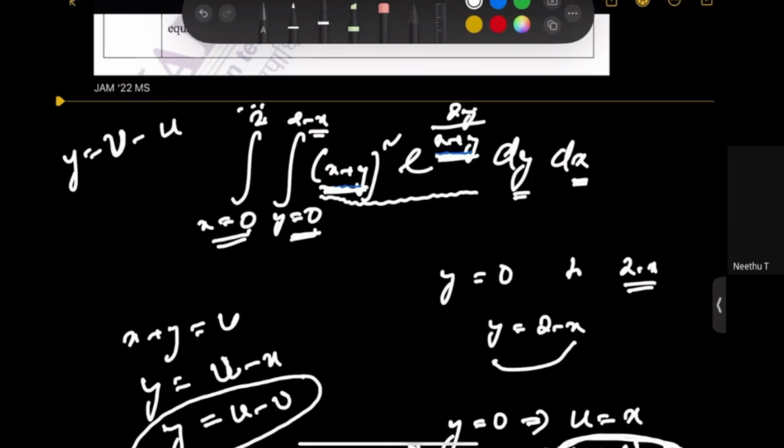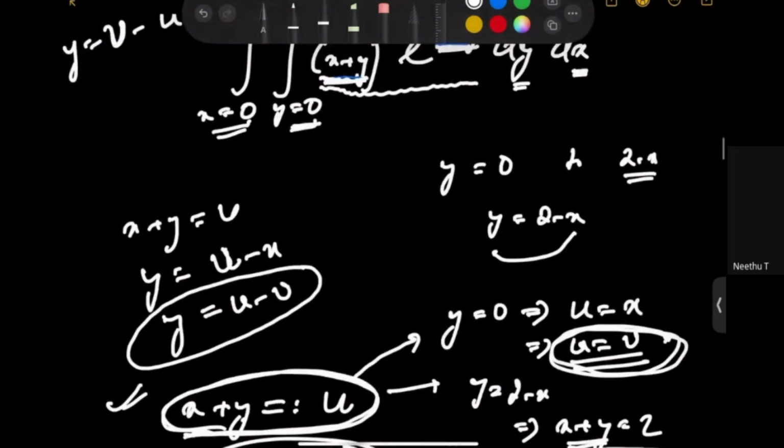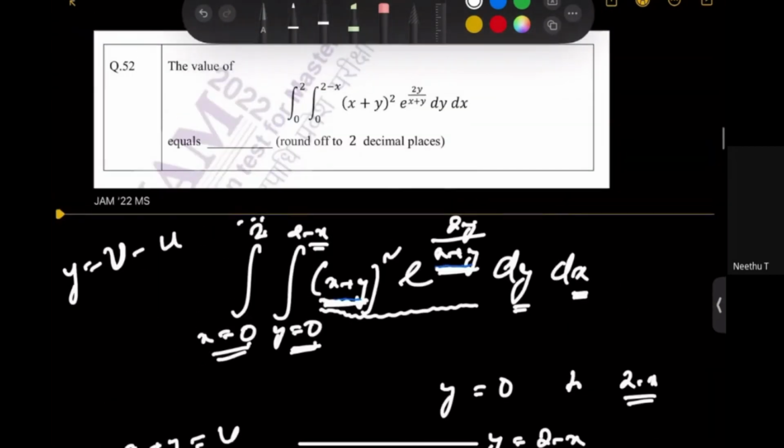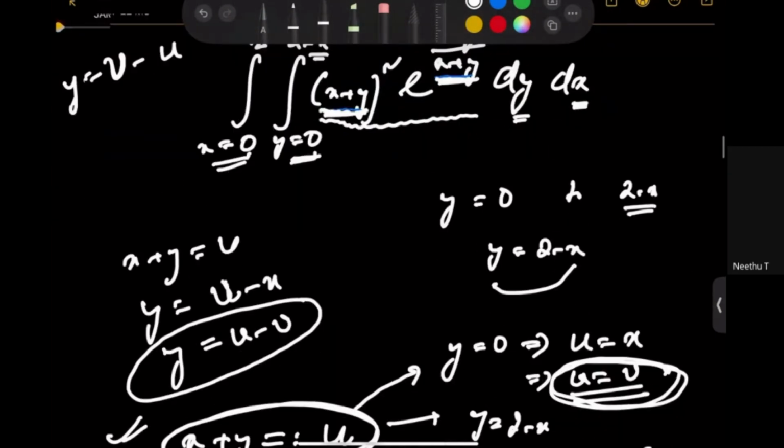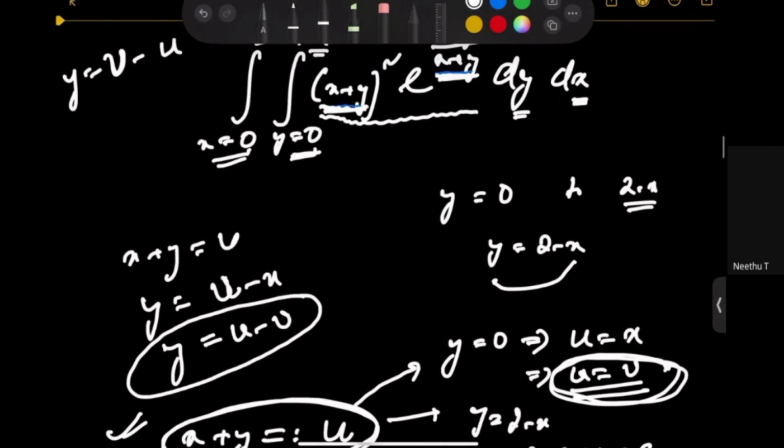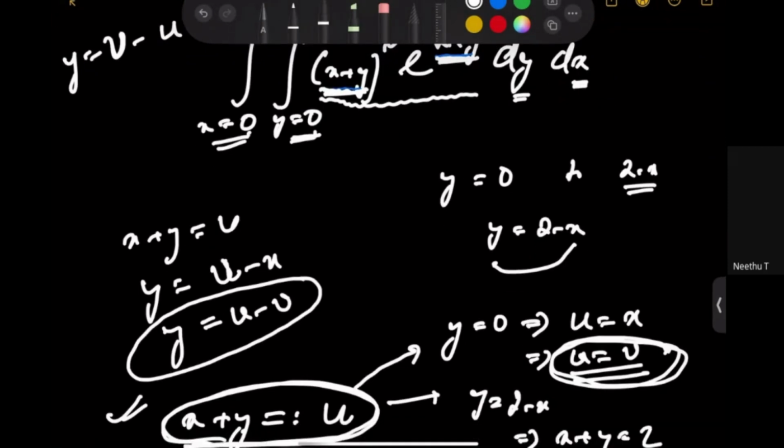We changed dy dx into du dv now, sir. Why don't we change it into u minus v dv? Acha, you mean this one, du minus v.